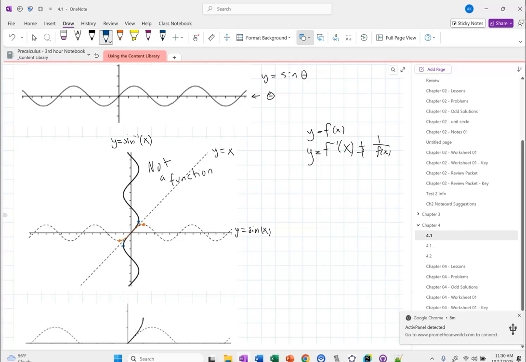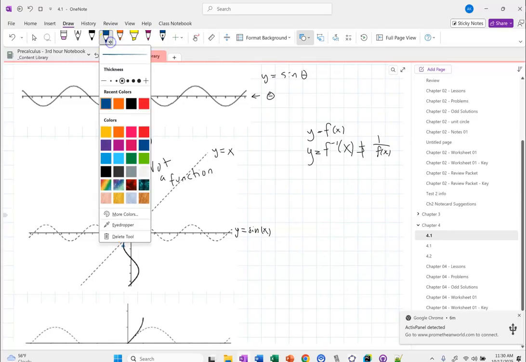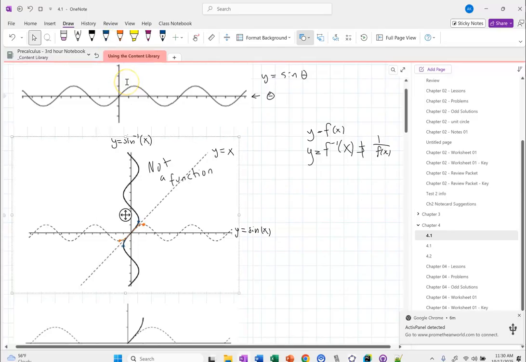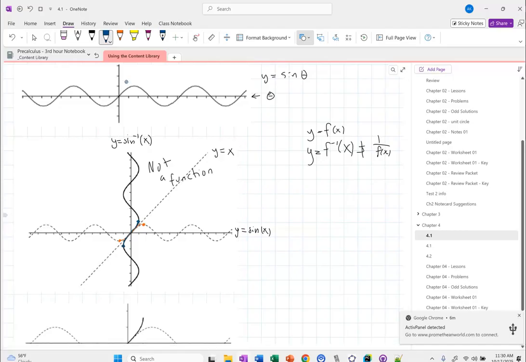Does that now pass a vertical line test? That pass a vertical line test now, the blue graph? Yeah. Does it cover all the possible y coordinates that sine can have?